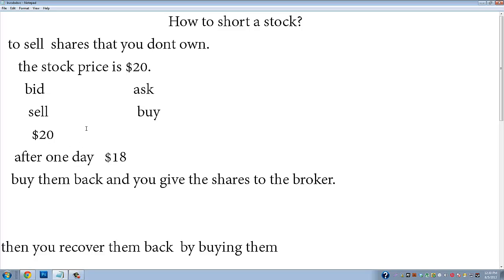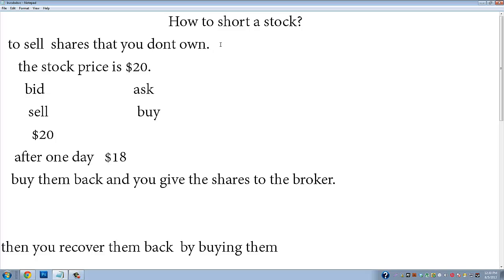So you sell at 20 and you buy at 18, and then you give the shares back. This is all automatic. You just hit sell, and then after one day or two or three, you buy again and you give the shares back.